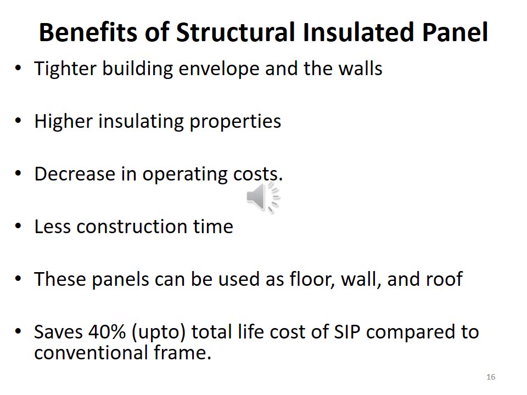And by using these structural insulated panels, the operating cost will be lower and the construction time will be lesser in comparison to the traditional building or construction style. So it can save up to 40% of the cost when you are using structural insulated panels in comparison to the traditional materials.